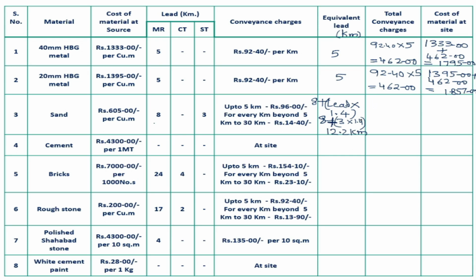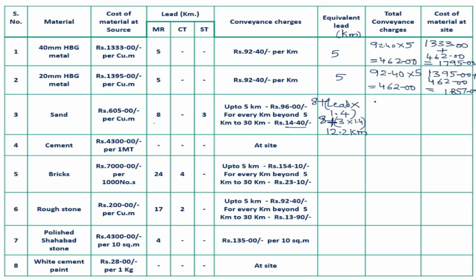Its total conveyance charge is calculated from these two columns of data. So here conveyance charge is given for different kilometers. There are different rates. Up to 5 kilometers, the conveyance charge is 96 rupees. For every kilometer beyond 5 kilometers and up to 30 kilometers it is 14.40 rupees. Therefore, this equivalent lead is 12.2 kilometers.